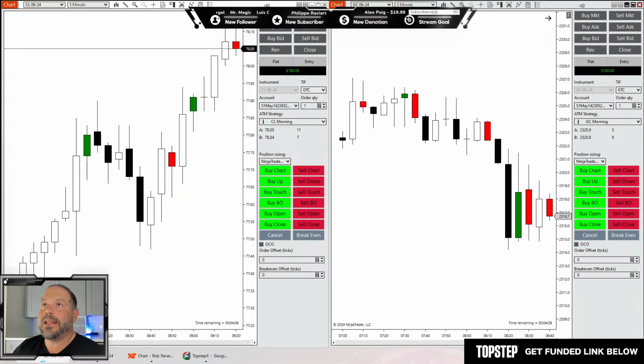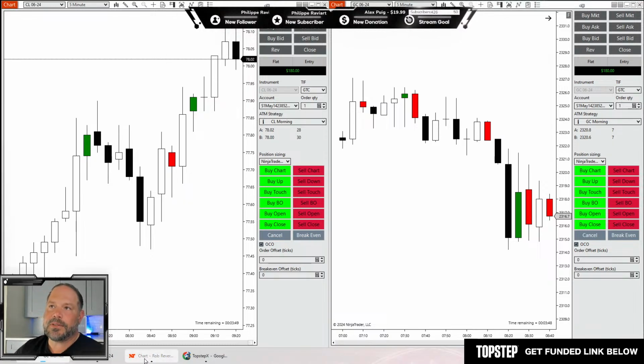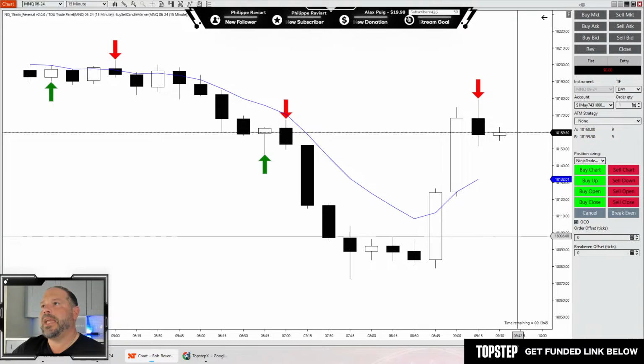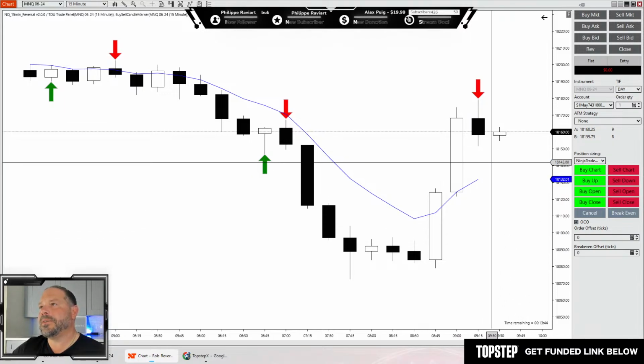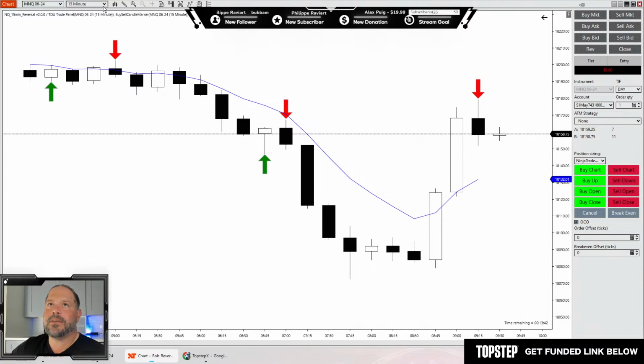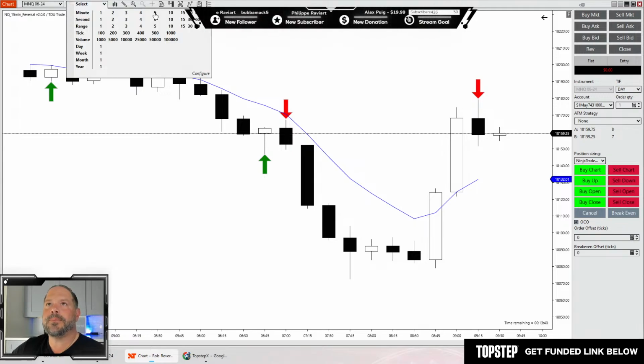And if you're someone that likes to trade, I don't want to say overtrade because that sounds negative, but I guess that's what it is. If you do like to overtrade, you can obviously take this Rob reversal and move it down into a lower time frame.